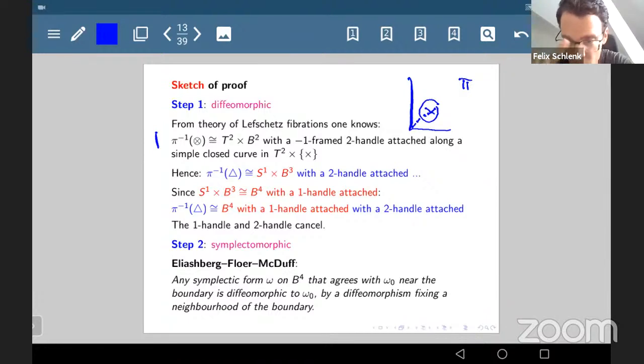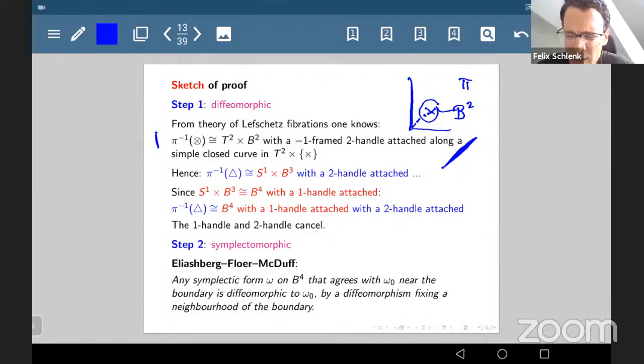Okay, two steps. First, a smooth structure. So you probably know from Lefschetz theory, and this indeed can be learned in the book by Gompf and Stipsicz. It is this little disk cross T2, and then you want to make up for the singularity. And what you have to do is attach a two-handle along a simple closed curve, they say, at the boundary of the disk.